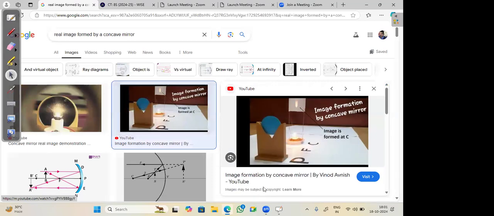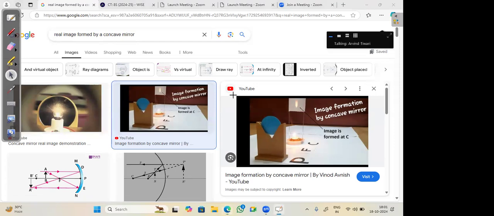Can you see this one? Yes, sir. Here we have placed a concave mirror, and below this screen, this white paper which you see here, this is the screen. All right, and below the screen we have kept a candle flame. Just observe it carefully.